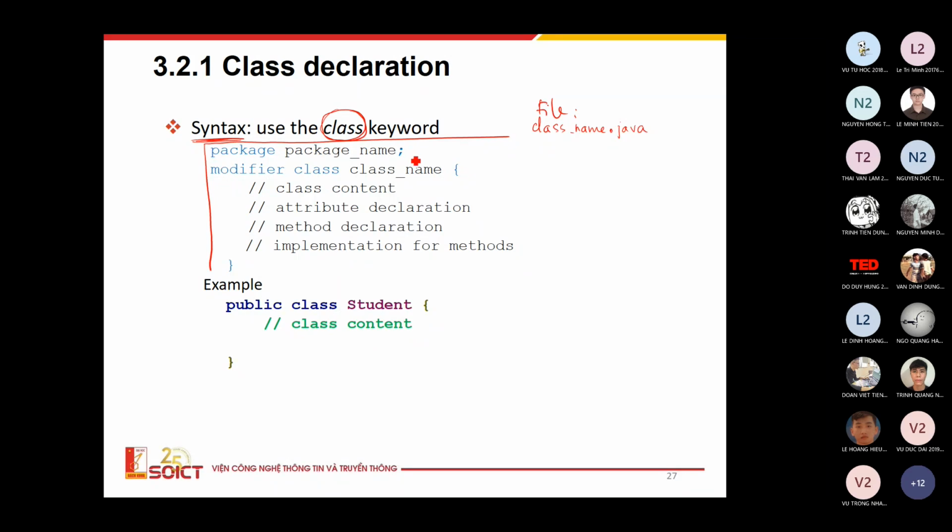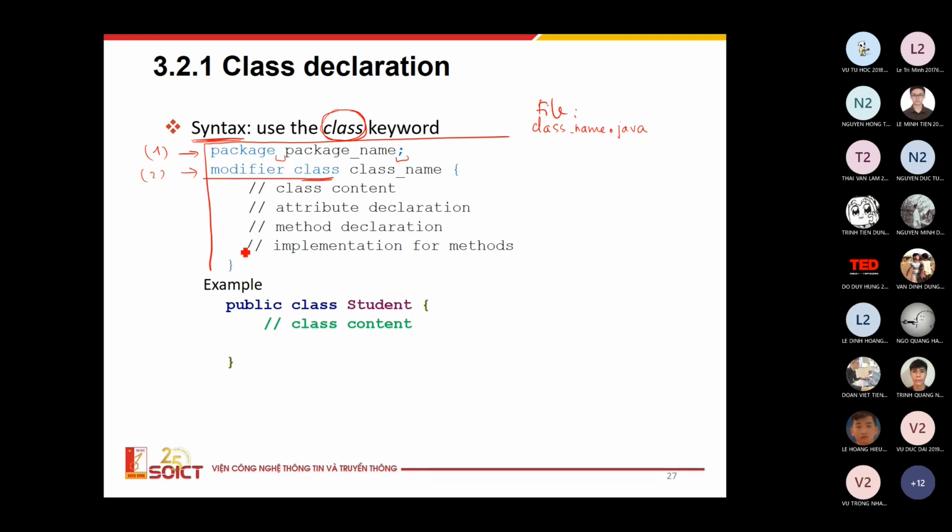Firstly, you write down the packet name, or where the folder this class belongs to. The first line you will write down the packet name with the syntax: package, space, then the packet name and then the semicolon. For example, in the second line, you will declare this class.